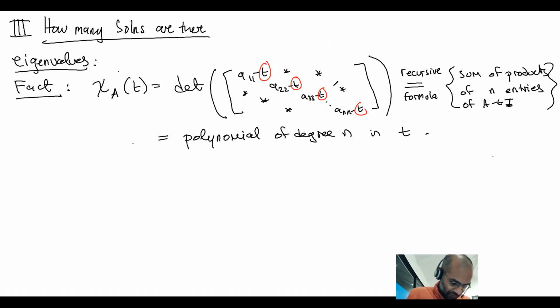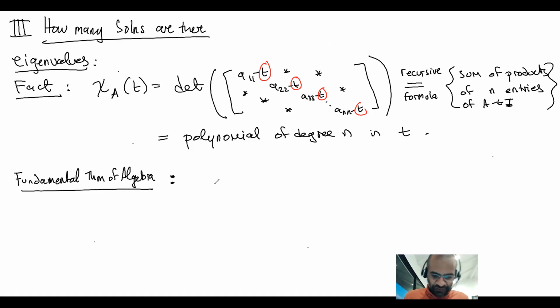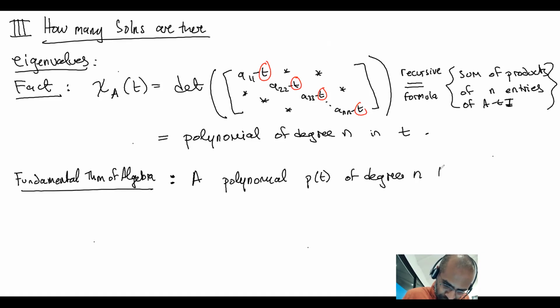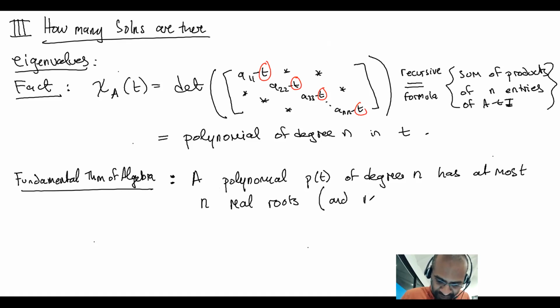And now, as somebody asked earlier, there's a famous theorem called the fundamental theorem of algebra, which was proven by Gauss when he was 18 years old, which says if you have a polynomial of degree n, it has at most n real roots and exactly n complex roots, but we'll deal with that later.